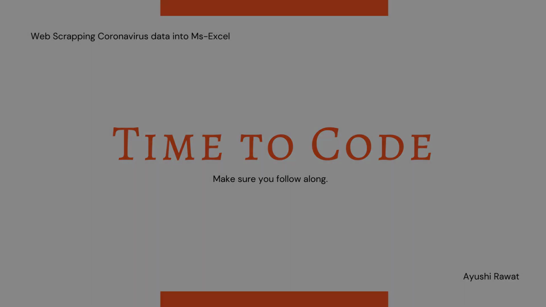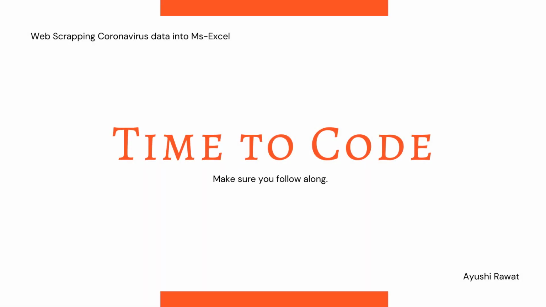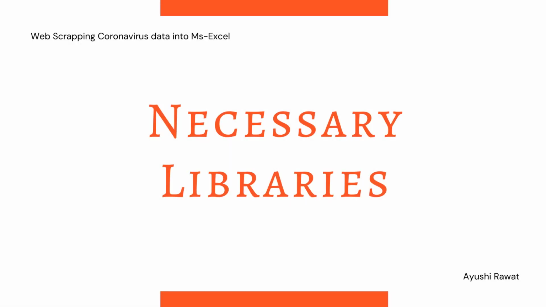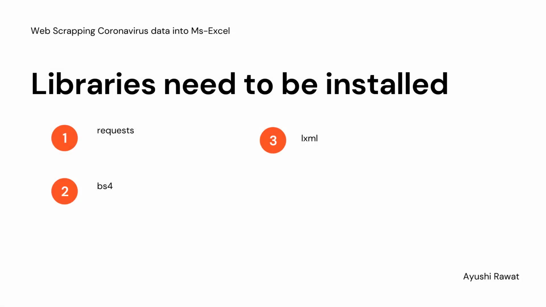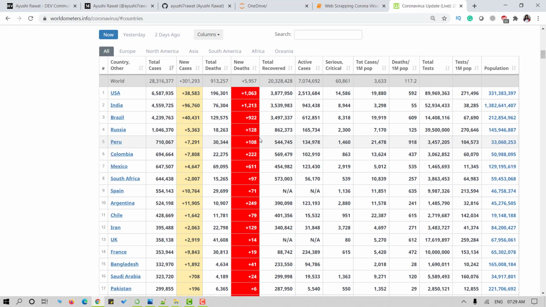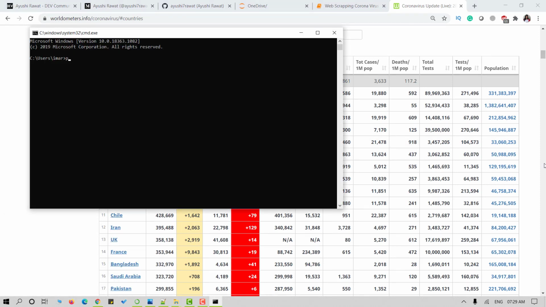Now we are ready to code, but make sure you follow along. There are a few important libraries that we will need. These are requests, LXML, BS4 stands for Beautiful Soup version 4. Now let's go to the command prompt and install them. Use the pip install command to do the same.